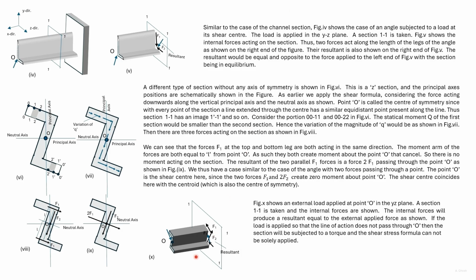Here again a three-dimensional diagram is shown. The load is applied at the shear center in any direction. We get forces in the three different portions whose resultant is equal and opposite to the external load. However, the resultant and the external load are separated by a distance.